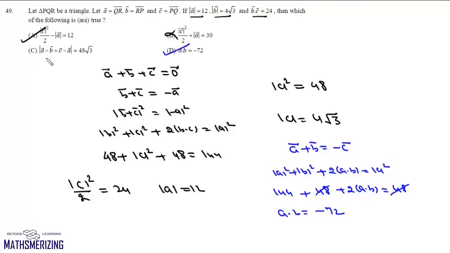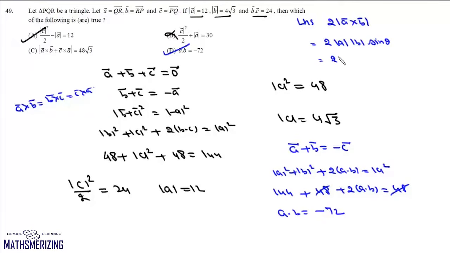Now for this option C, we have to find the magnitude of A cross B plus C cross A. Now we know that if A plus B plus C is 0, then A cross B is equal to B cross C, and is equal to C cross A. So this left hand side is nothing but 2 times A cross B. Now we have to find the value of A cross B. Now A cross B is mod A mod B sine theta.